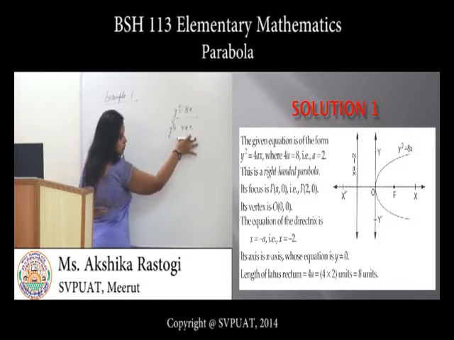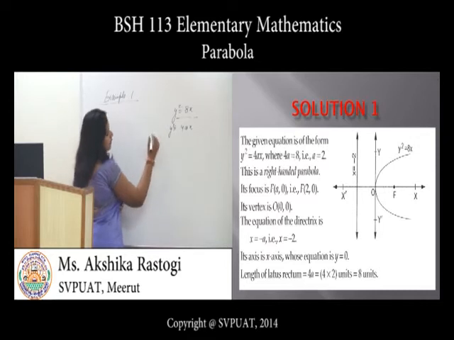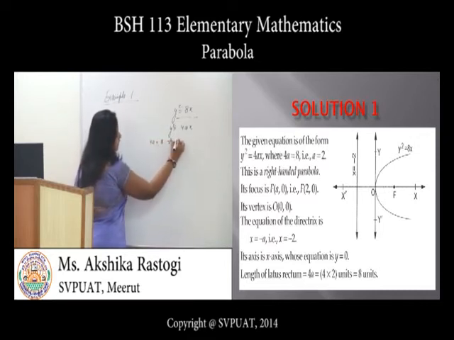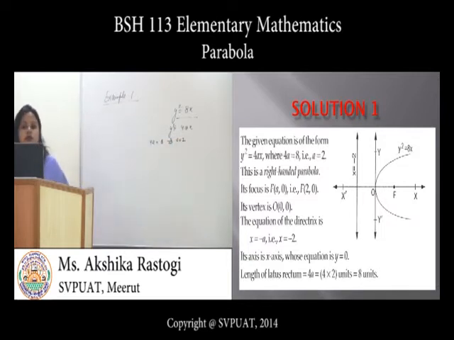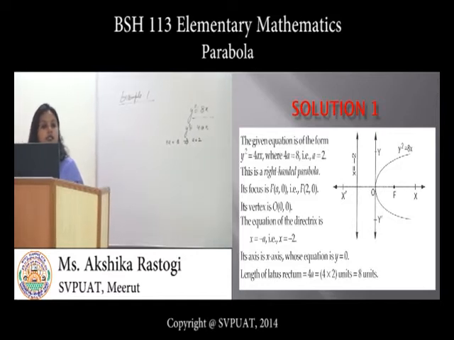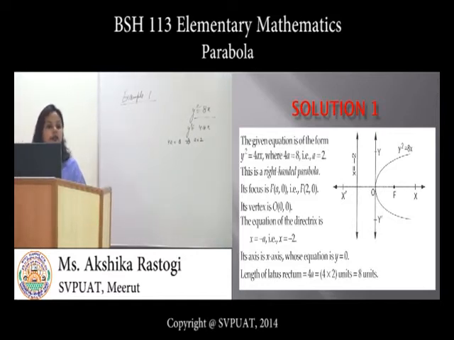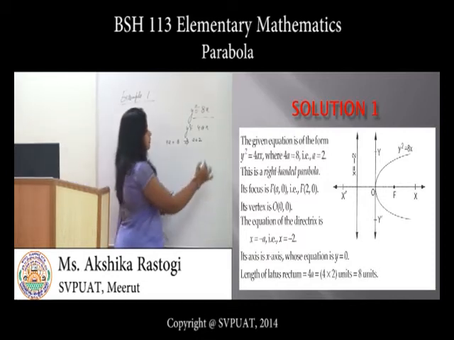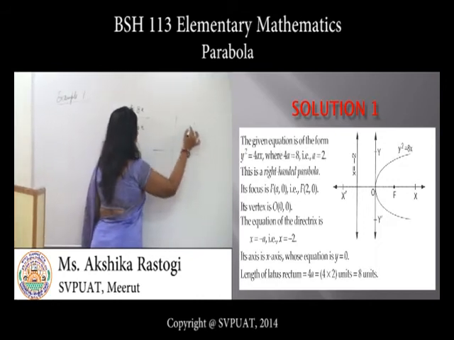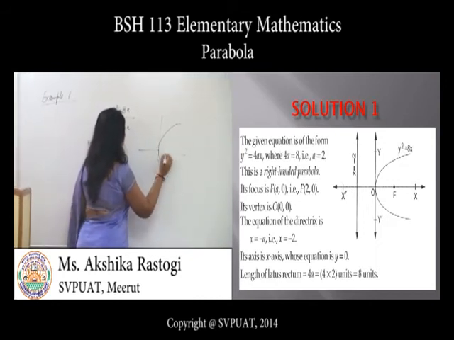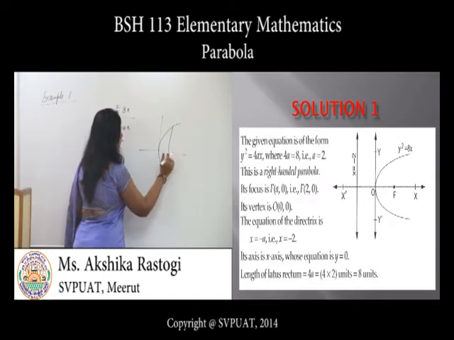We compare the coefficient of x and we get the value of a. 4a equals 8, that means a equals 2. This is the thing we first have to find, because all our formulae depend on a. a equals 2. So this is a right-handed parabola.